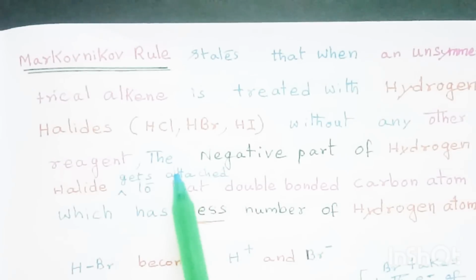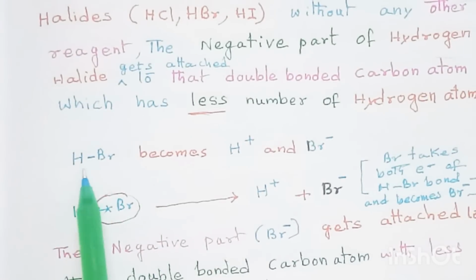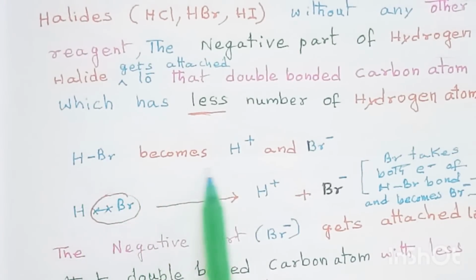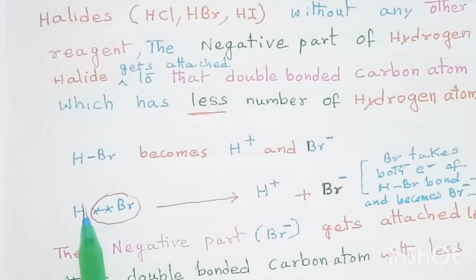So the negative part of HBr would be Br minus. In this reaction, HBr becomes H plus and Br minus. How does it happen?